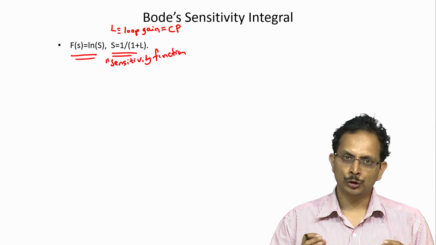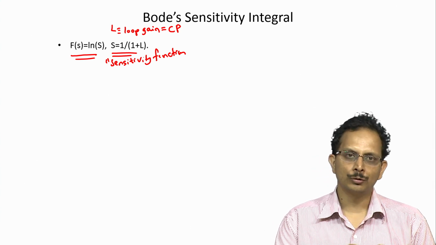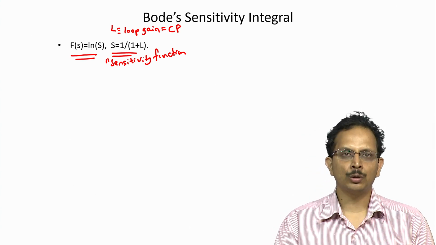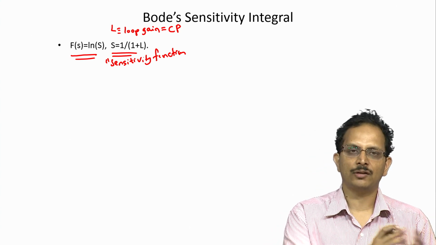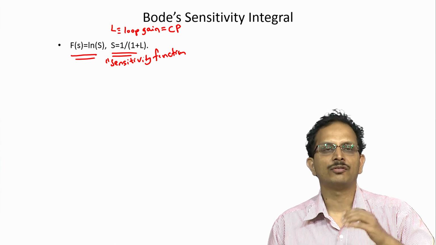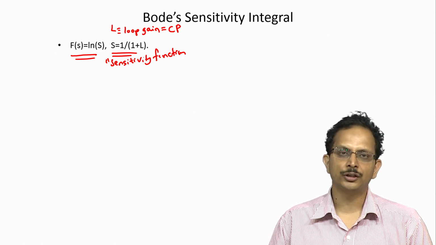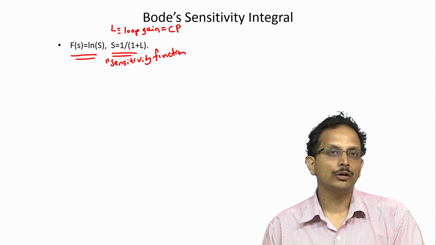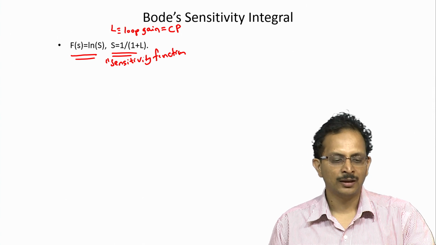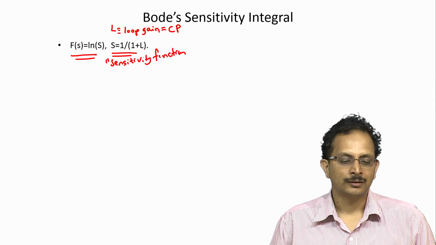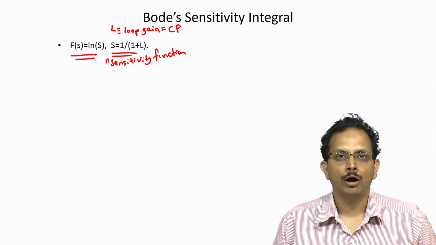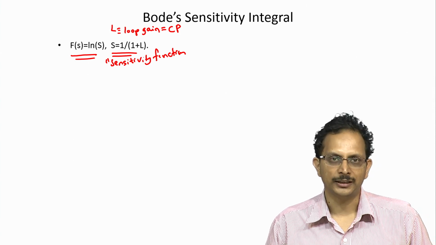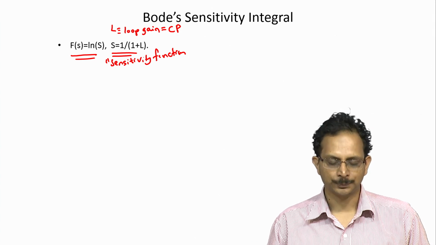If our closed loop system is stable, then all the closed loop poles will be on the left half of the complex plane, and if our plant and the controller both have their poles on the left half of the complex plane, then the zeros of S, the sensitivity function, will also be on the left half of the complex plane. Therefore, there is no point on the right half of the complex plane at which the function f(s) = ln(S) is going to go to infinity, is going to possess singularities.